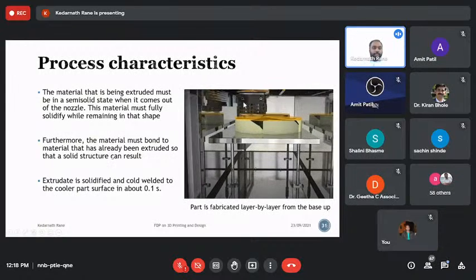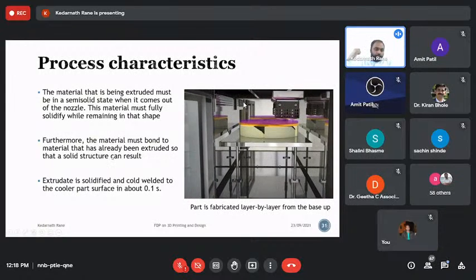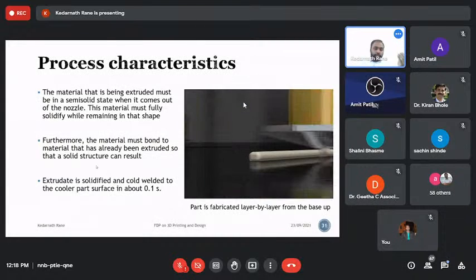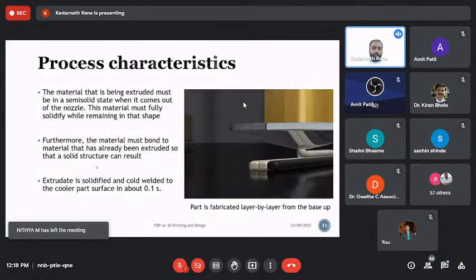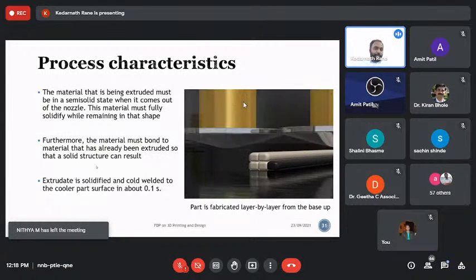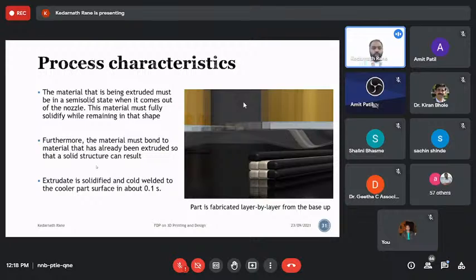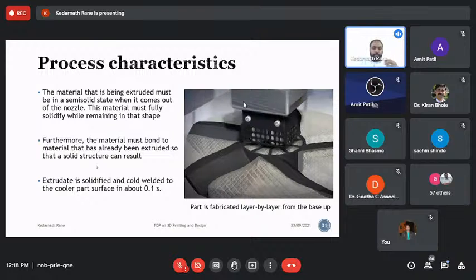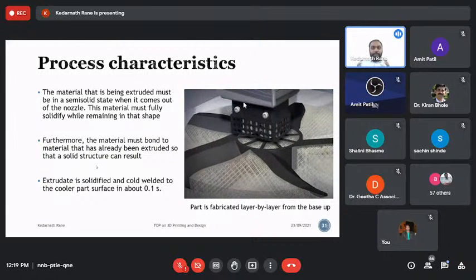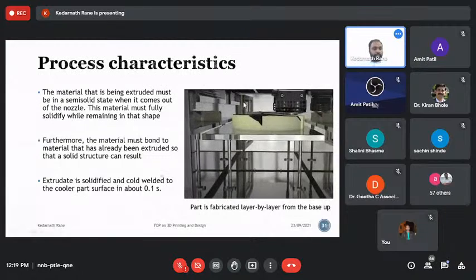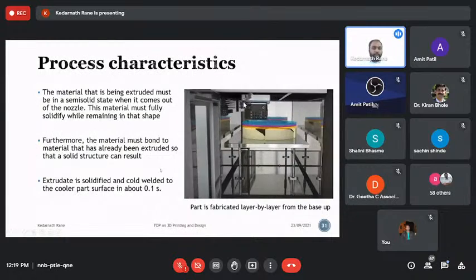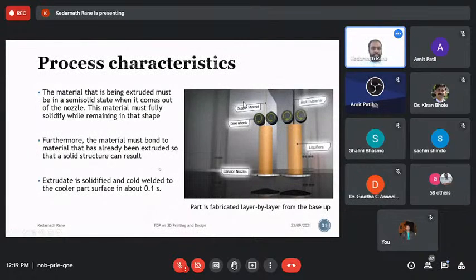The material must be one that can be solidified, then deposited on the bed to retain shape stability. So there are two aspects. One is cold welding between two successive layers, and the other is the stability of the part itself on the print platform. These two aspects are important for the stability of the material. So it should be extruded and get solidified as per the requirements of the application.